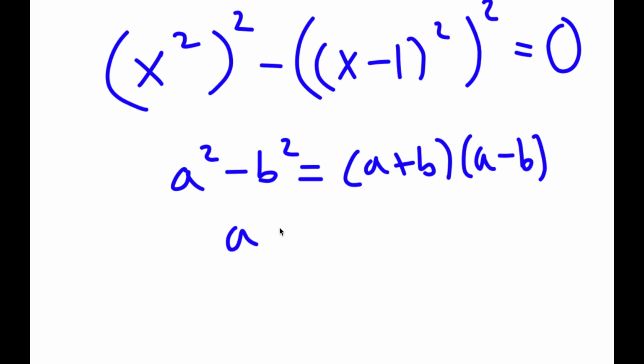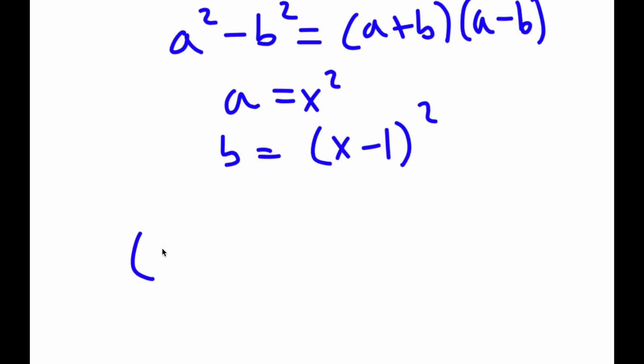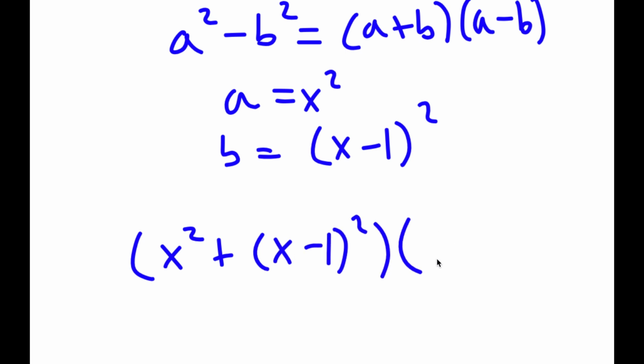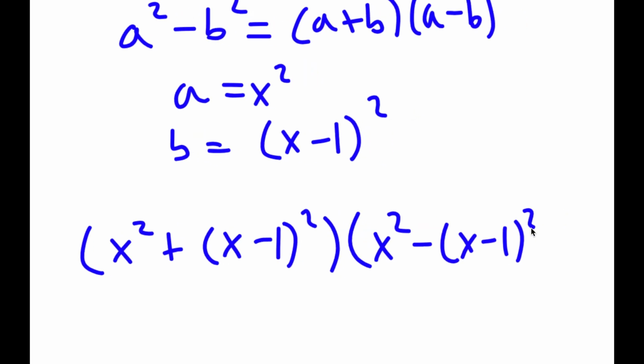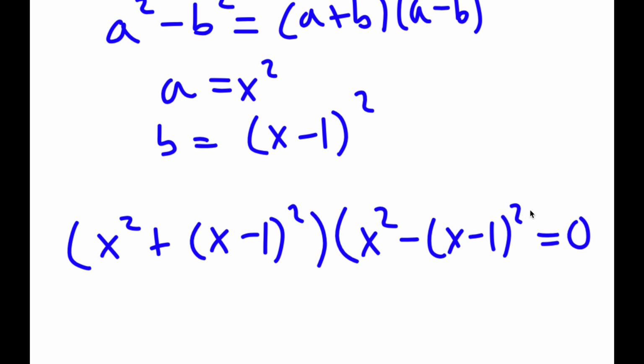So in this case, a is x squared, and b is x minus 1 squared. So now I have x squared plus x minus 1 squared times x squared minus x minus 1 squared. This is equal to 0.